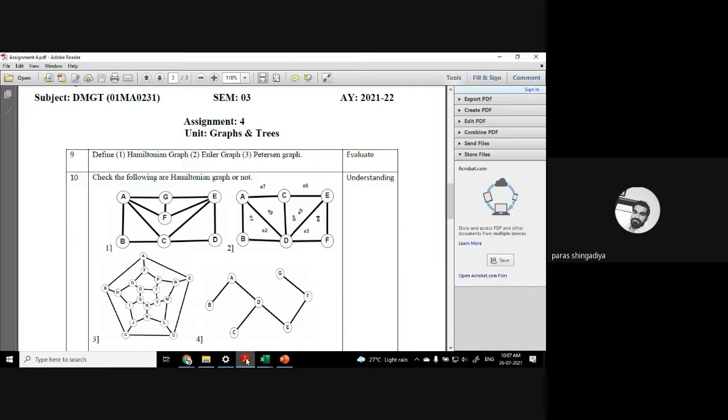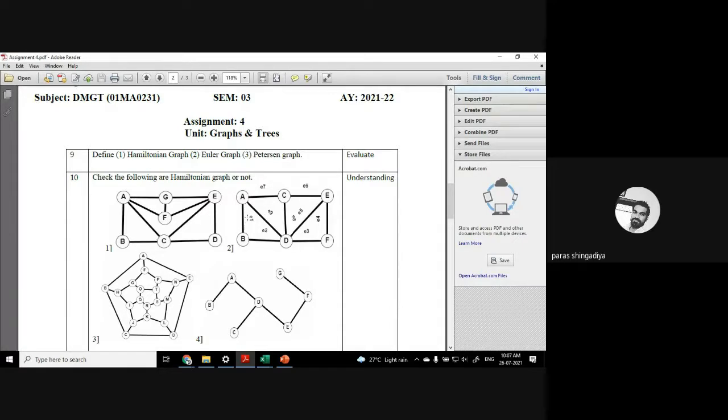This Hamiltonian cycle you can represent as A to B, B to C, C to D, D to E, E to F, F to G, and G to A. That is the Hamiltonian circuit.